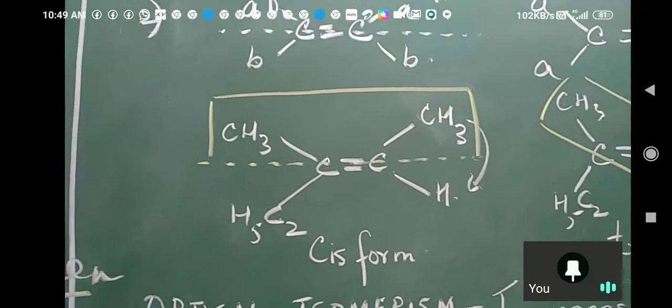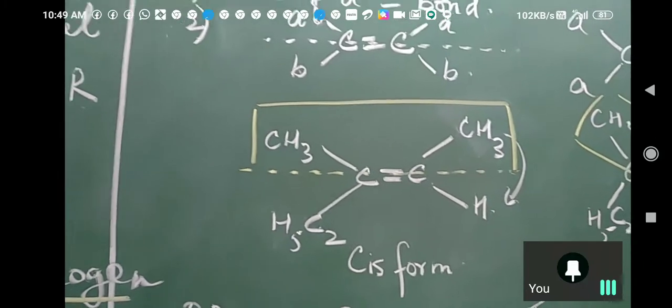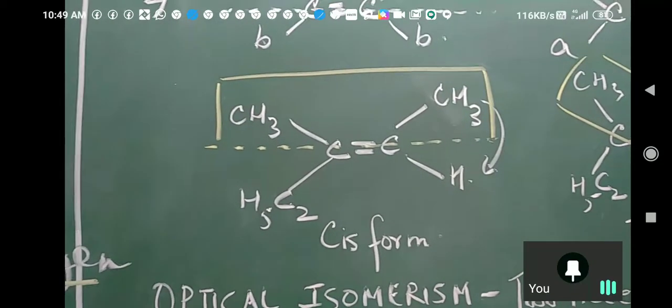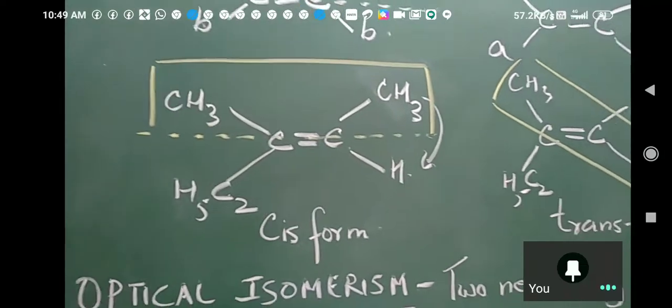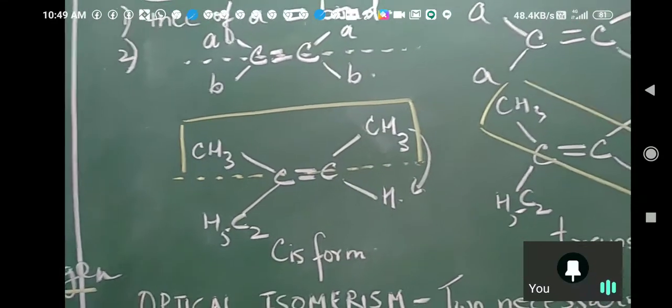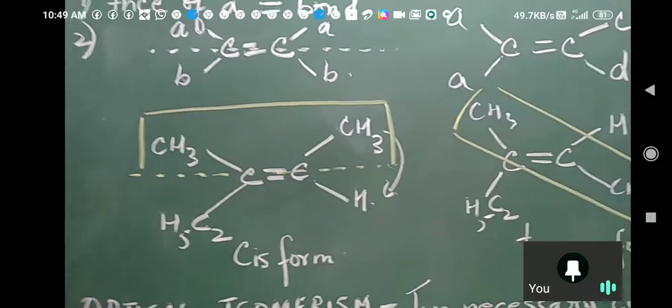But in a triple bond, the two pi bonds are perpendicular. In sp hybridization of acetylene, we had discussed this. The two pi bonds are perpendicular to each other. So the triple bond cannot be rotated at all. Is that clear? So only in the case of a double bond will we have geometrical isomerism, and that is known as cis and trans isomerism.